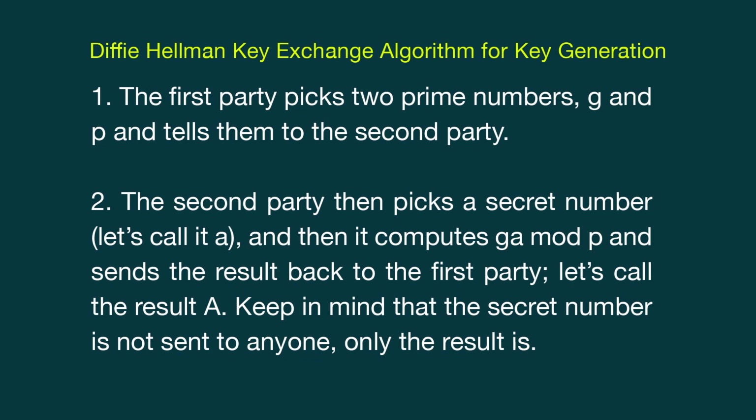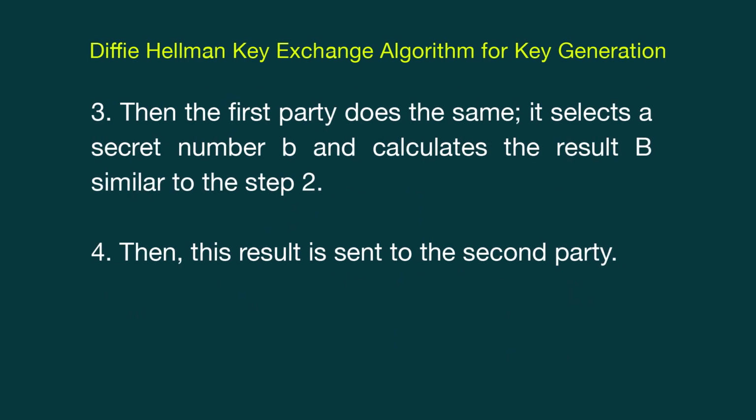Let's call the result capital A. Keep in mind that the secret number is not sent to anyone, only the result is. Then the first party does the same. It selects a secret number b and calculates the result, capital B, similar to step 2. Then this result is sent to the second party.